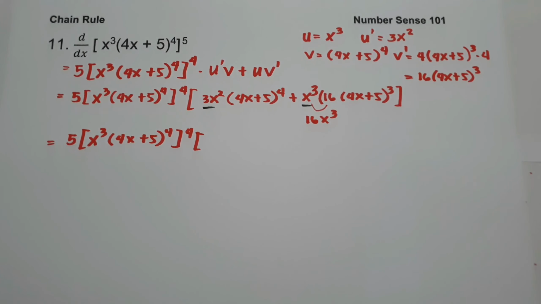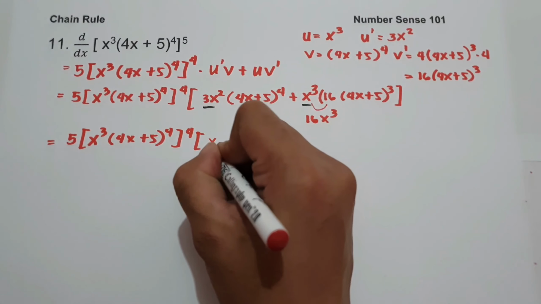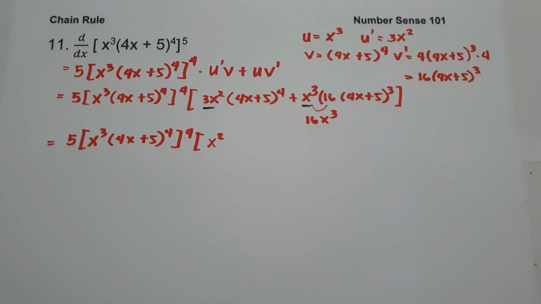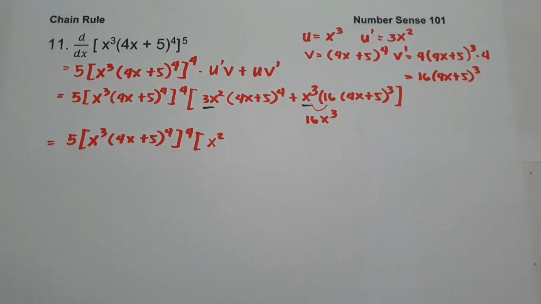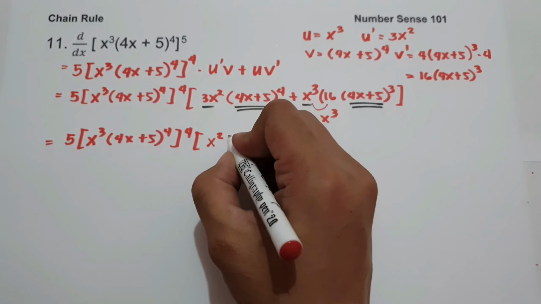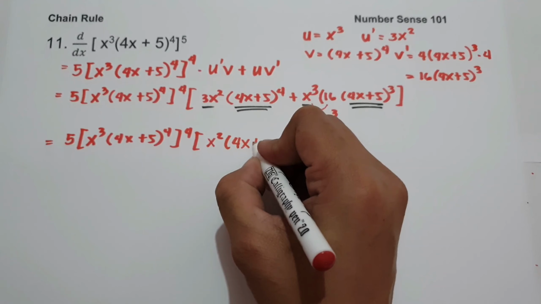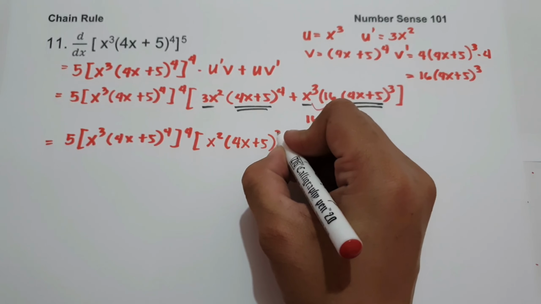So the greatest common factor of 3x squared and x cubed, that is x squared. And then, the greatest common factor of 4x plus 5 raised to 4 and 4x plus 5 raised to 3, that is 4x plus 5 raised to 3.